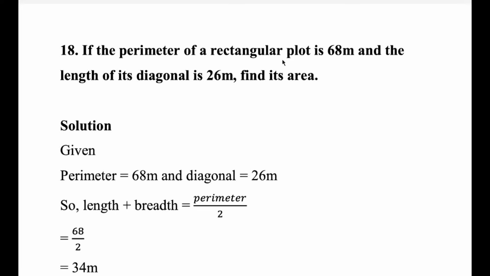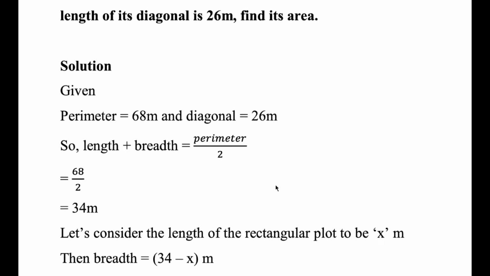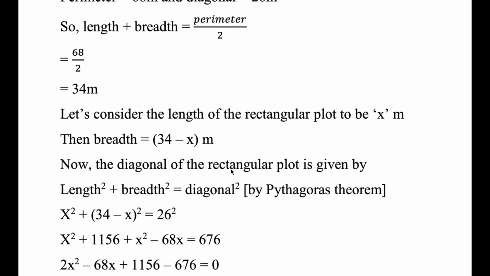If the perimeter of the rectangular plot is 68 meter and the length of its diagonal is 26 meter, find its area. Perimeter is equal to 68 and diagonal 26 meter. So length plus breadth is equal to perimeter by 2. That comes to 34 meter.